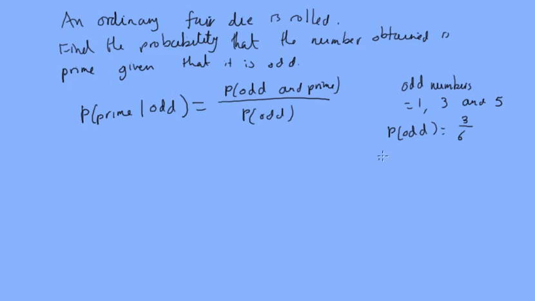The odd prime numbers are 3 and 5. So probability of odd and prime is going to be, there's 2 of them, over 6. So the probability of prime given odd is going to be 2 over 6 divided by 3 over 6, which is 2 over 3.